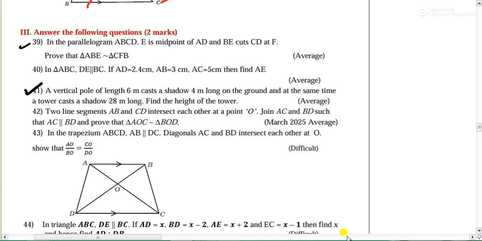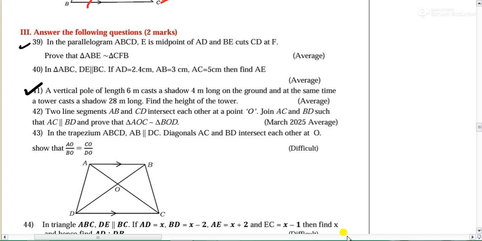If you are not giving, I will assume that you are forcefully present in the class. Okay, fine. So only a few are answering. That's why I am asking you all. Try to answer.